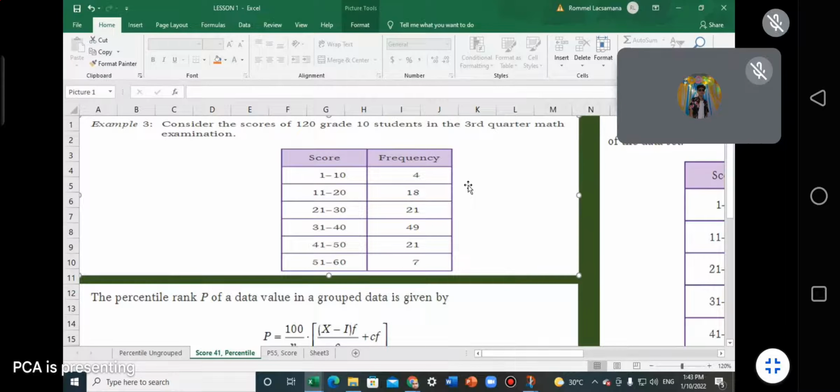So therefore, this is really group data. Why? Because it's not shown there that it's coming from a raw score, a raw data.